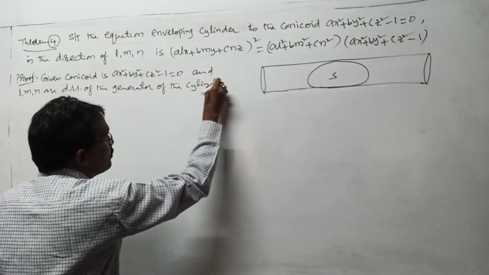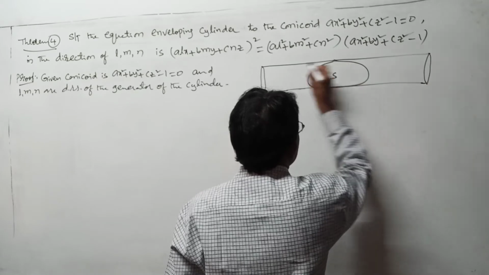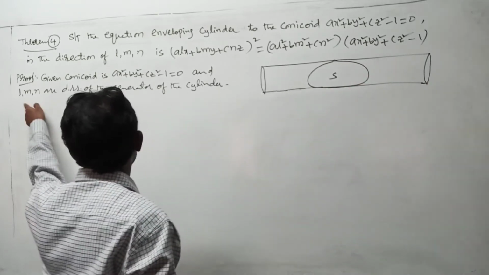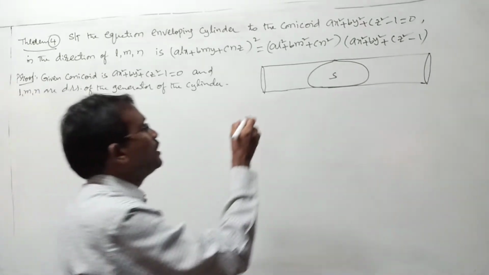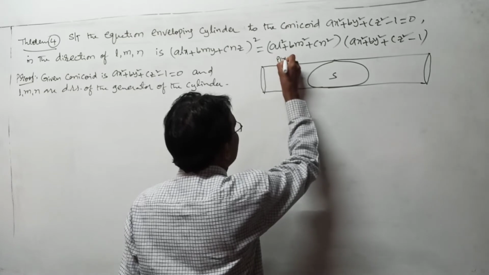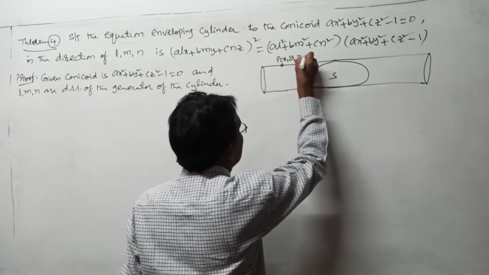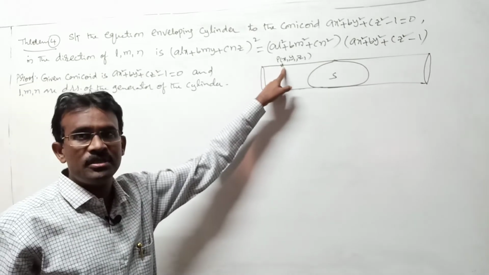Otherwise, the enveloping cylinder's generator, whatever that means, has direction ratios l, m, n as given in the statement. Now I want to take a point P, x1, y1, z1, on the cylinder.